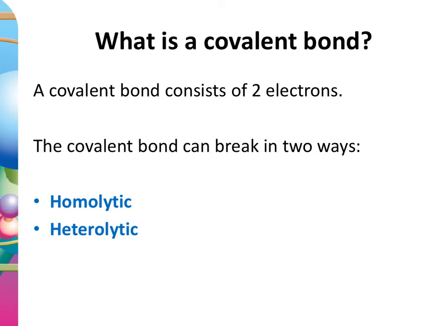Now a covalent bond, which is that shared pair of electrons, can break in two ways. It can break either homolytically or heterolytically. The homo bit means the same, and hetero means different. So we're going to examine those two forms of breaking in a little bit more detail now.